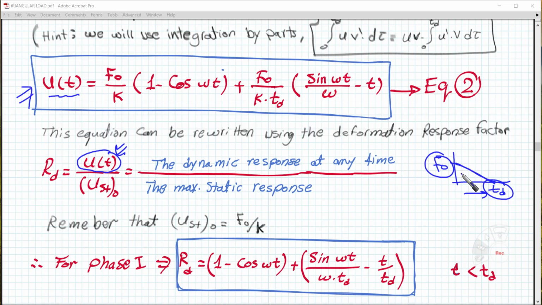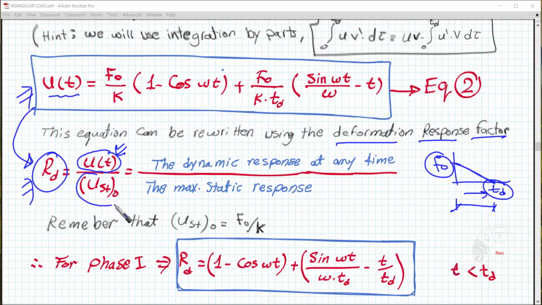What is the maximum value for the response? Whenever we think about the maximum value, we should think about the deformation response factor, RD, because it gives us the relation between our dynamic response and our maximum static response. This is important information about our system and the load applied on it.